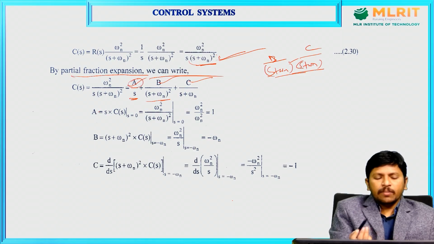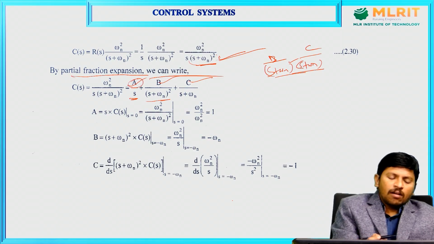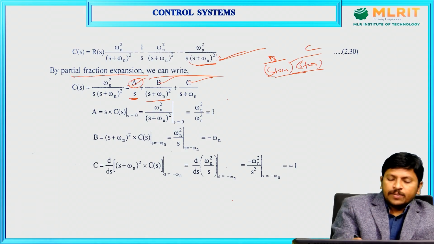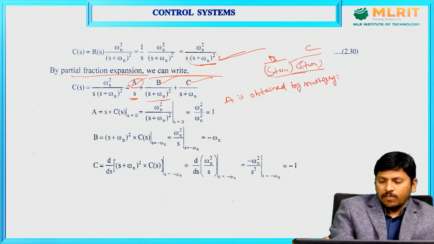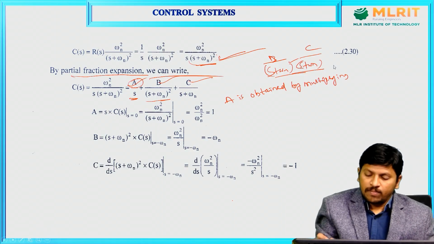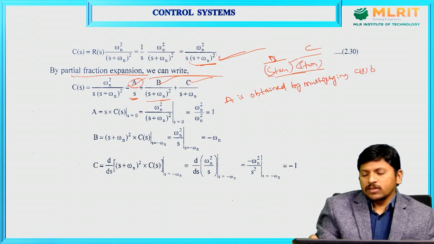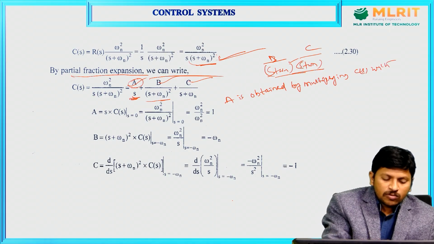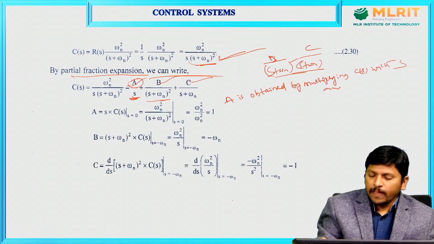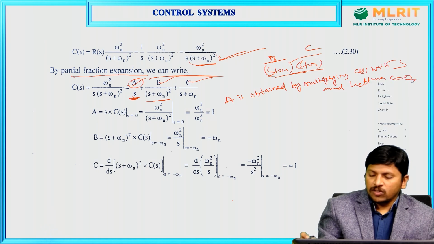A is obtained by the same method. A is obtained by multiplying C of s with the denominator term, which is s only, and letting s equal 0.